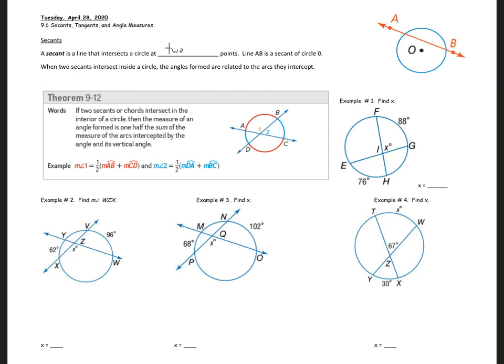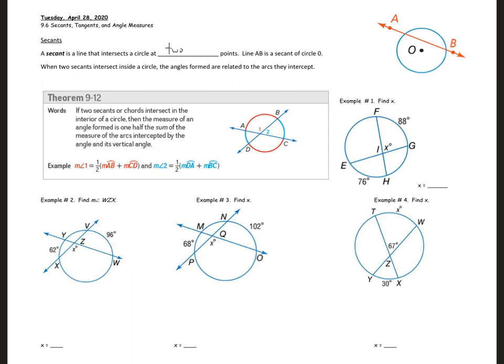When two secants intersect inside a circle, the angles formed are related to the arcs they intercept. So theorem 9-12: if two secants or chords intersect in the interior of a circle, then the measure of an angle formed is half the sum of the measures of the arcs intercepted by the angle and its vertical angles.